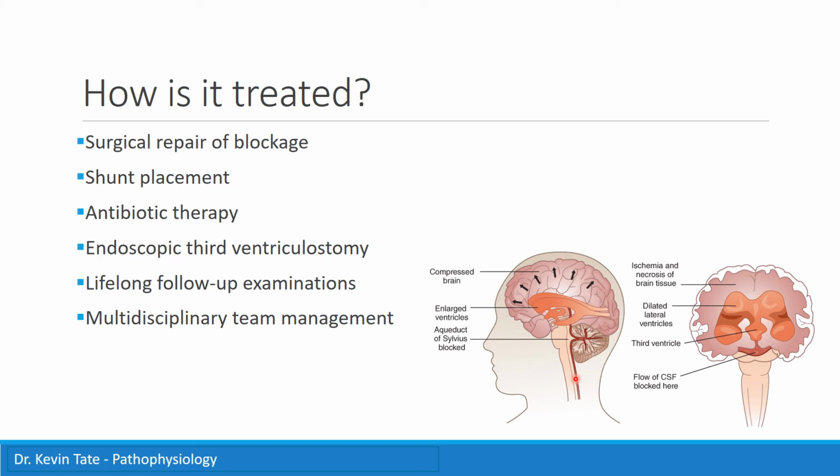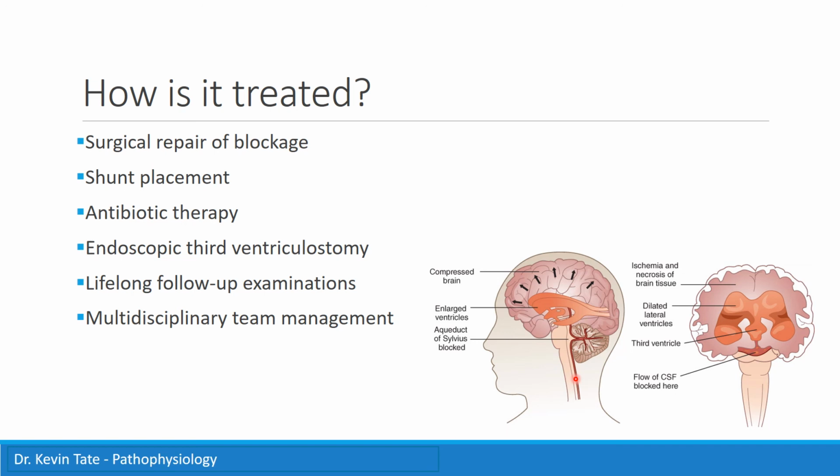They might even place a shunt, allowing cerebrospinal fluid another direction to go other than continuing to increase in pressure. Now, if this hydrocephaly is due to a bacterial infection, then antibiotic treatment is going to take place.